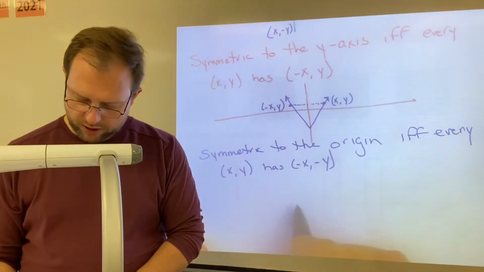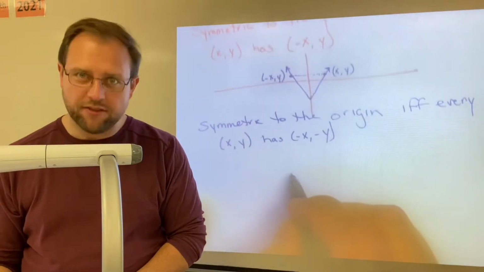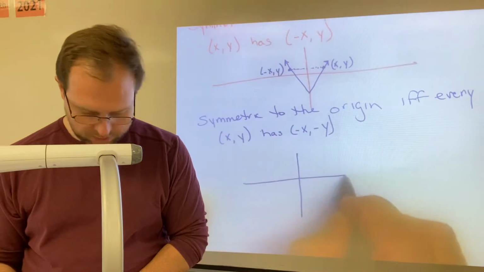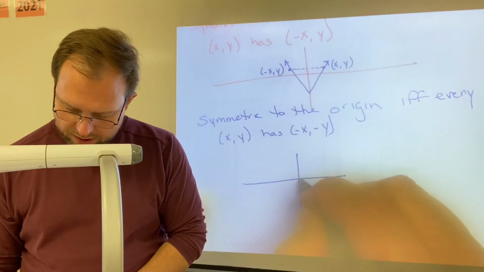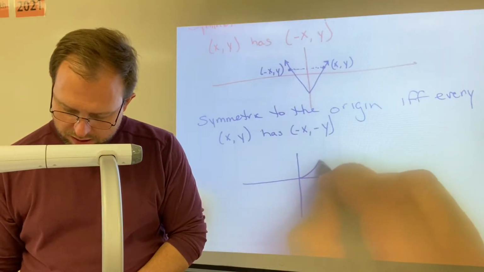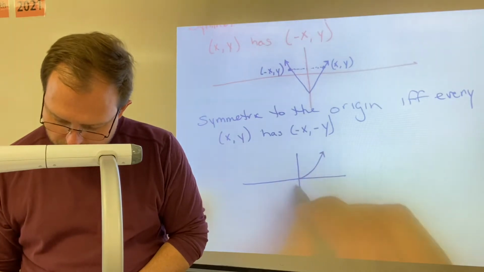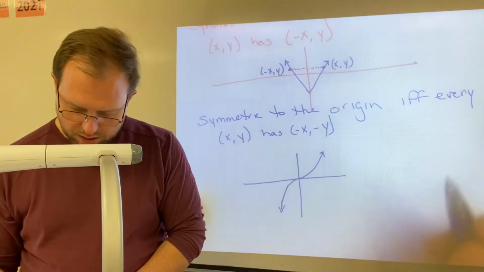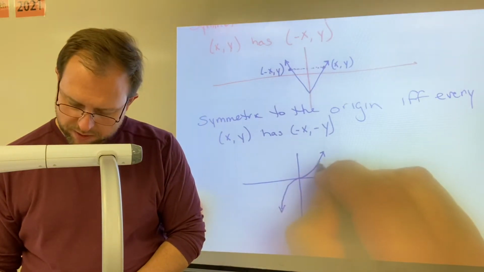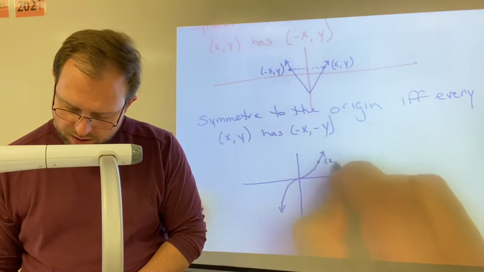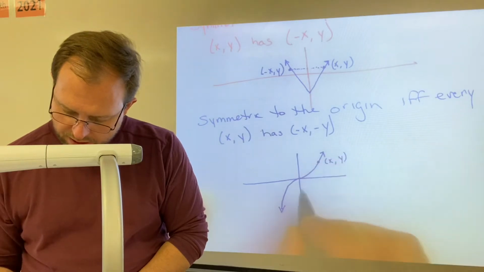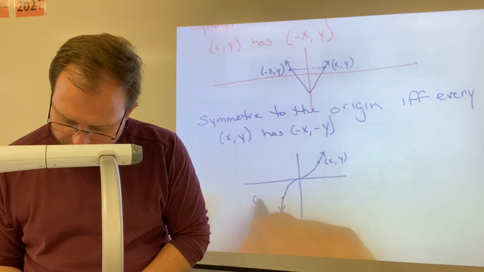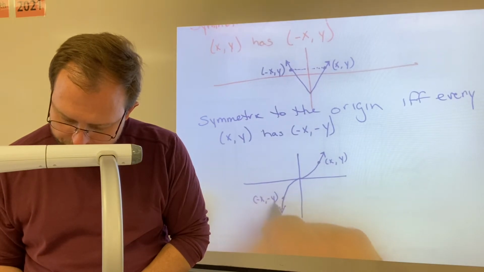And if we look at a graph, it basically looks something like this, where we have x, y, and we have an equivalent point, negative x, negative y.